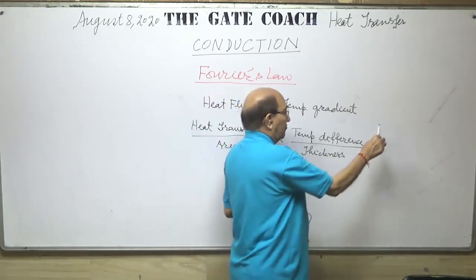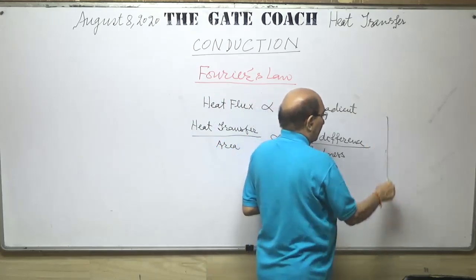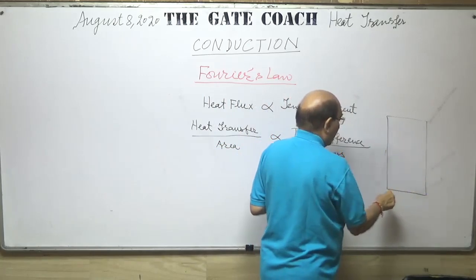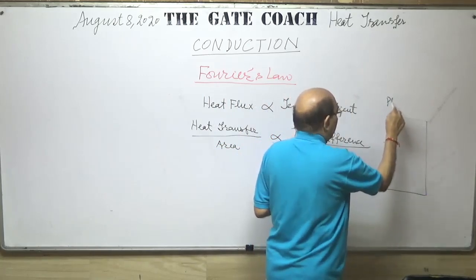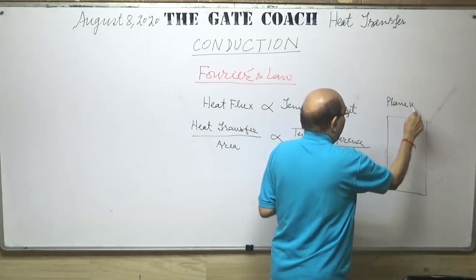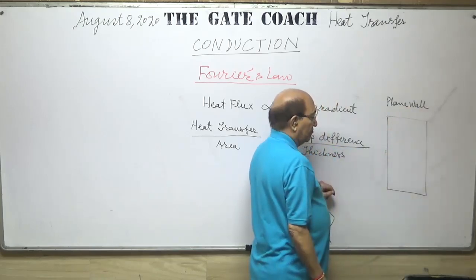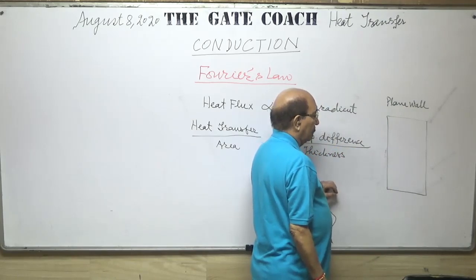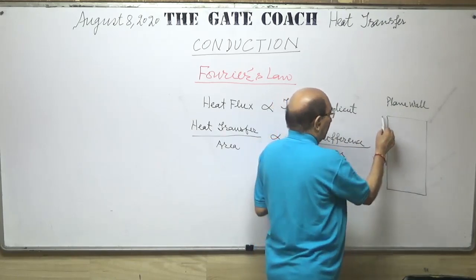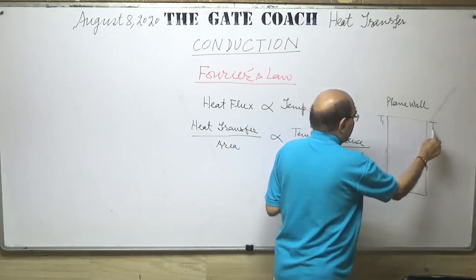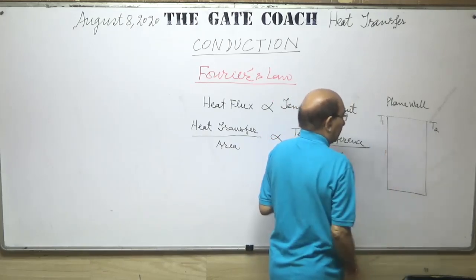For example, if this is a plain wall, this side is maintained at temperature T1, this side is T2.